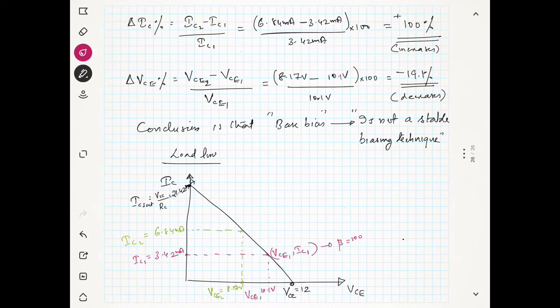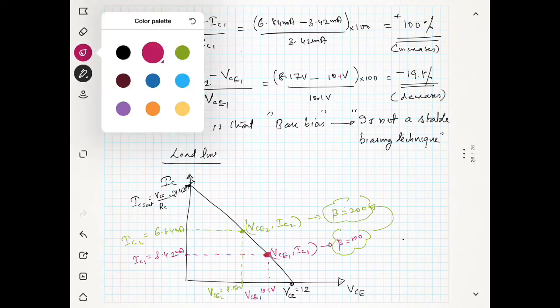Now the Q point has been shifted to VCE2 and IC2. This is the case with beta equal to 200. So you can see here when beta changes from 100 to 200, what happens? The Q point has been shifted from this point to the new point.